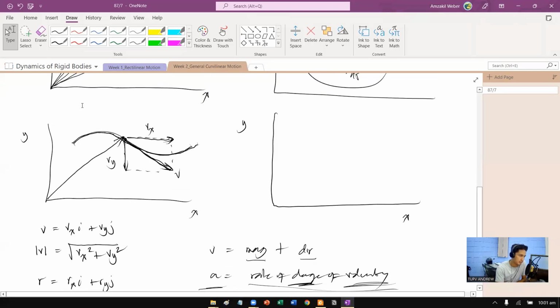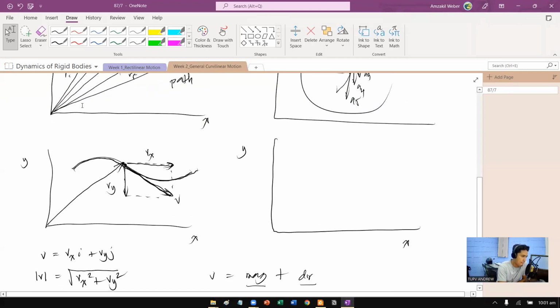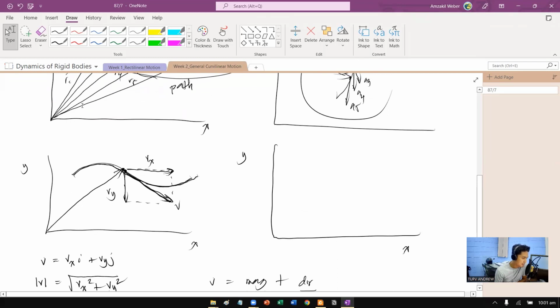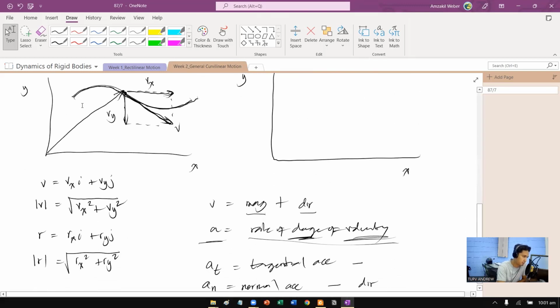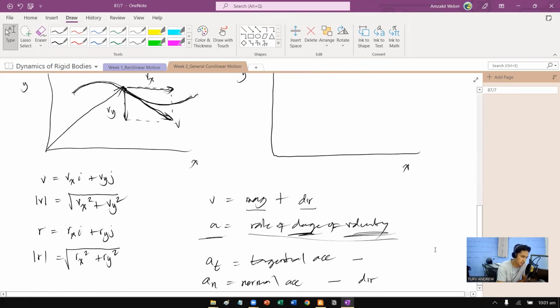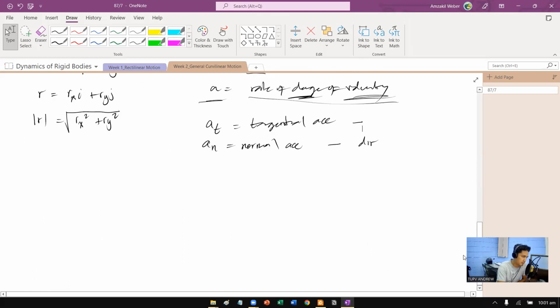Now, since velocity is tangent, acceleration is not always tangent, unless the path is straight. Let's say we have a very long path. Our particle starts here with velocity v1.